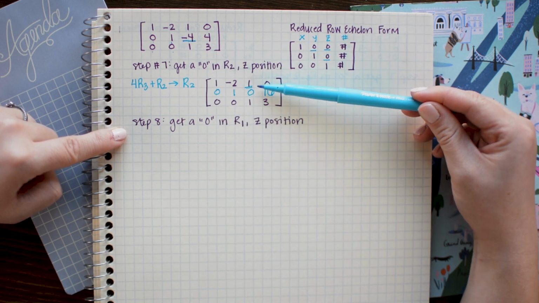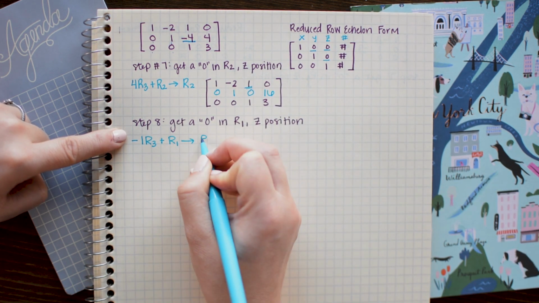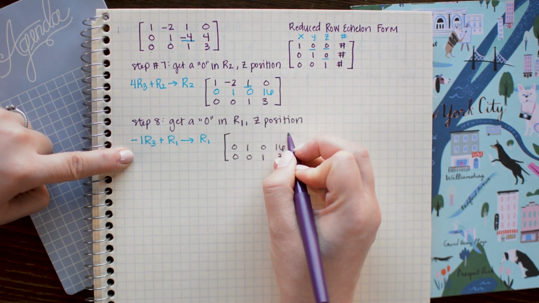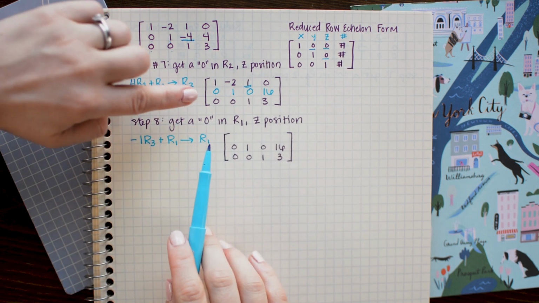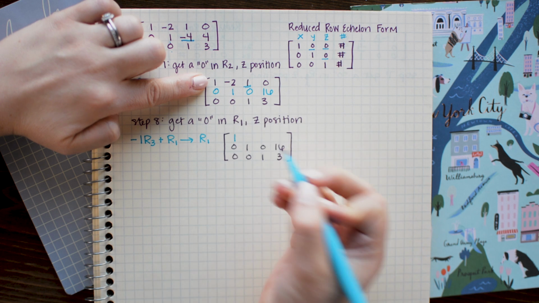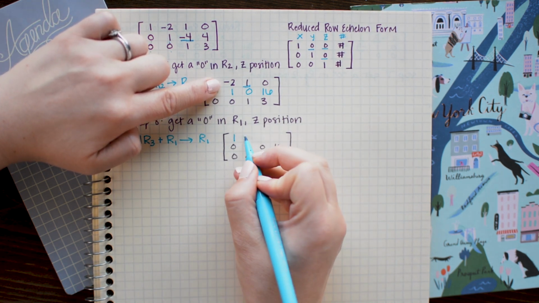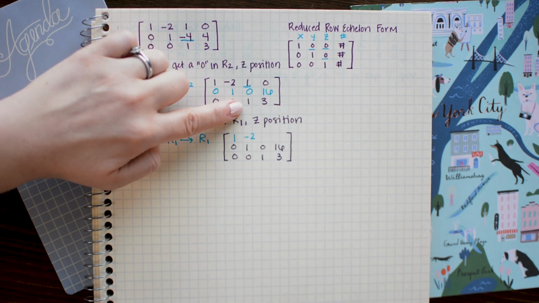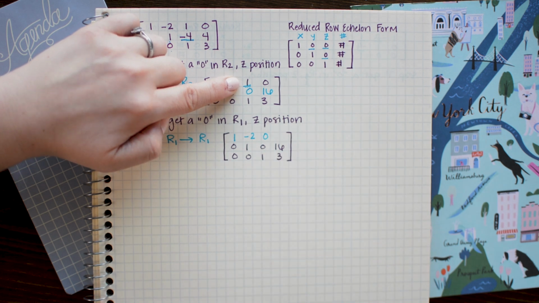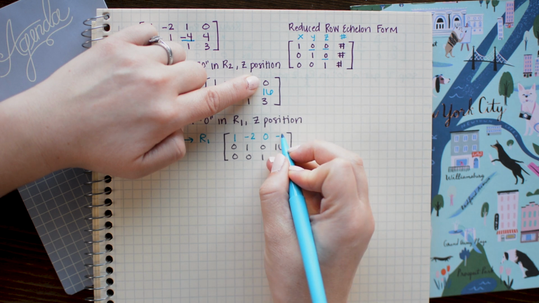That -1 plus 1 will give me 0 here. So -1 times 0 plus 1 is 1. -1 times 0 minus 2 stays minus 2. Negative 1 times 1 is negative 1, plus 1 is 0. And negative 1 times 3 is negative 3, plus 0 is negative 3.